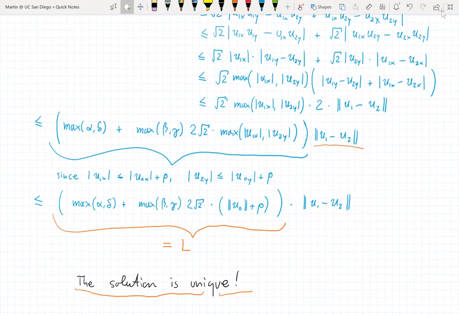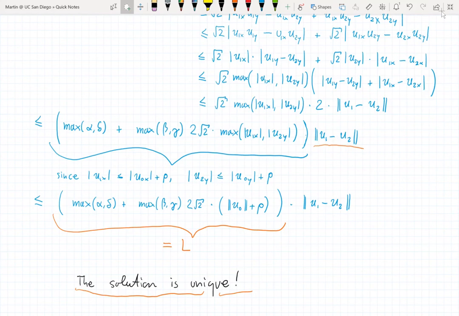Now, we would also like to prove the existence of a unique solution that actually is defined for all times using this global existence and uniqueness theorem. However, the problem is that this constant L still depends on the radius rho and the norm of the initial condition.